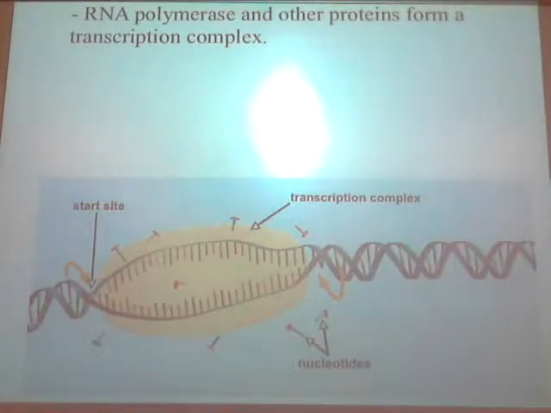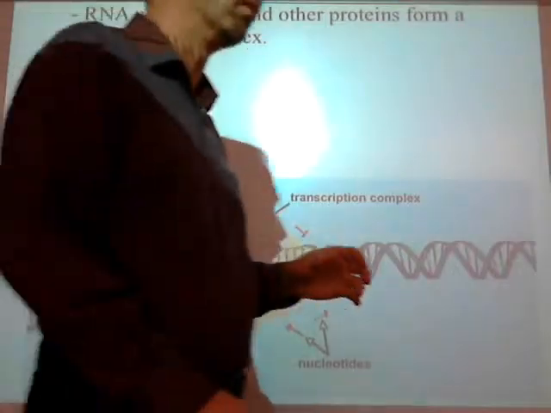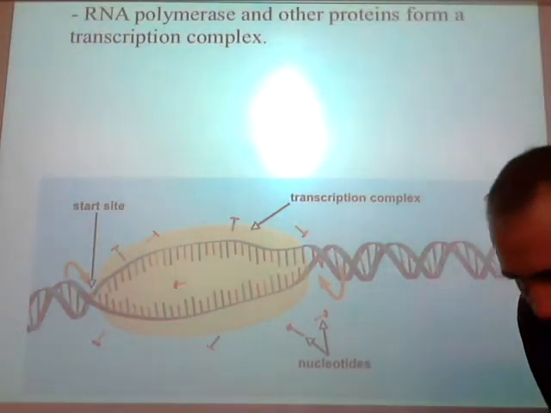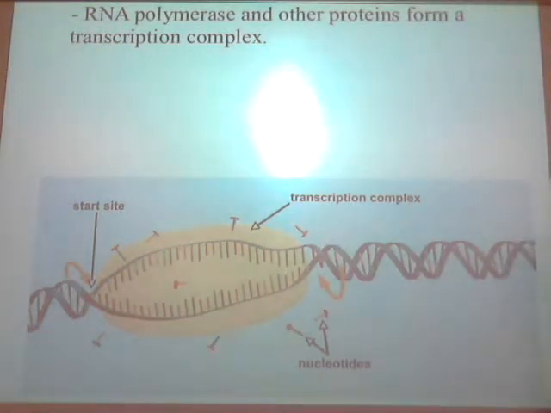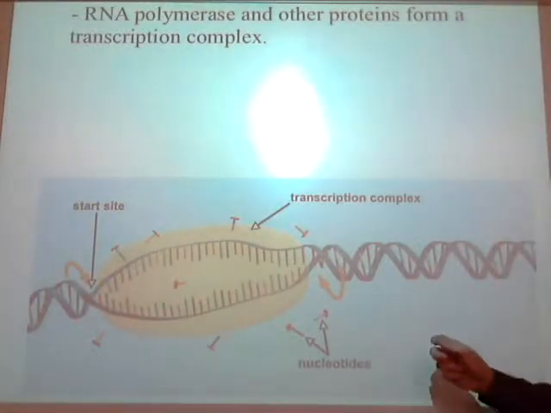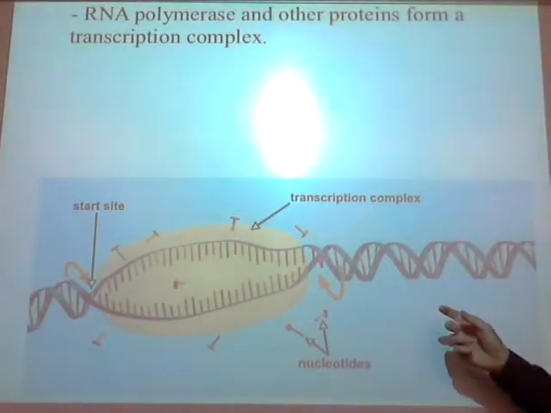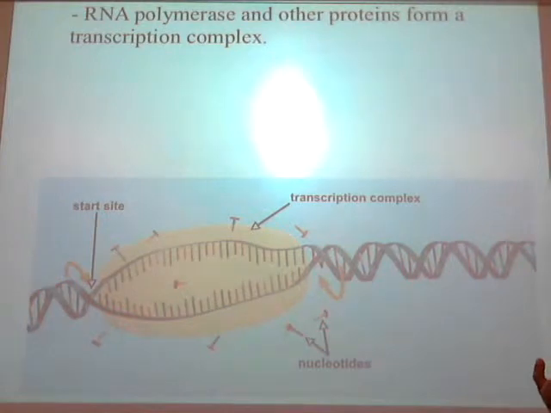Okay, it basically forms a transcription complex, opens up the DNA, and brings in nucleotide bases that match. Remember, they only match in certain ways, and there are some differences, too, for the RNA versus the DNA. The transcription complex recognizes a start codon, the beginning of a sequence, and also there are stop codons.